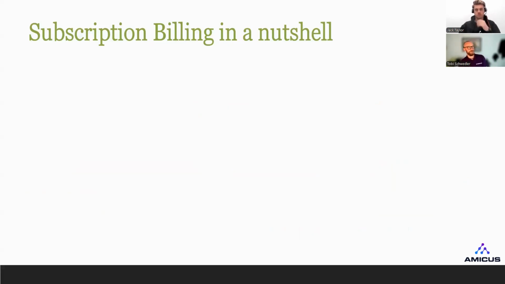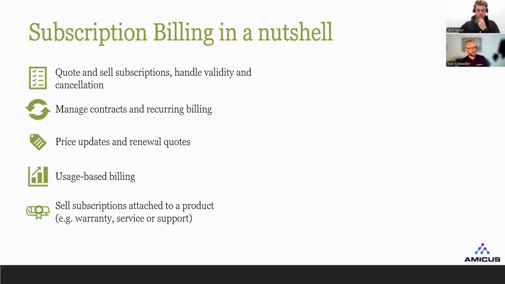So the subscription billing itself is now a module, an app within Business Central. It was released about a year ago, fall 2024. You can quote and sell subscriptions, handle the validities, do cancellation and have contracts, vendor and customer side.